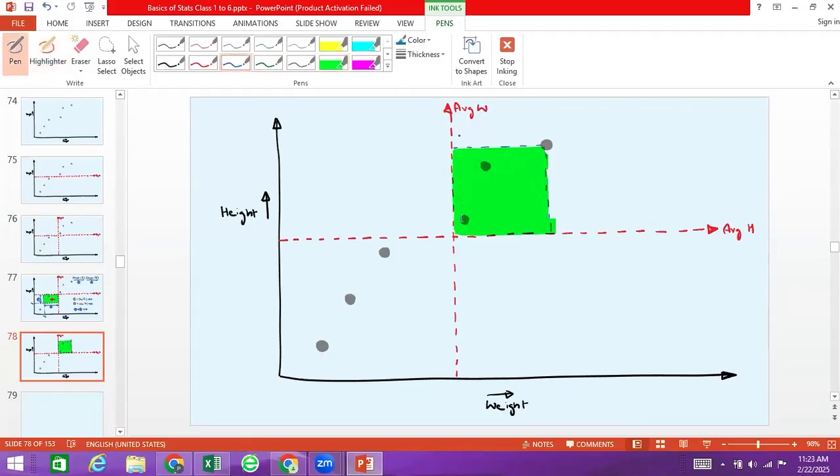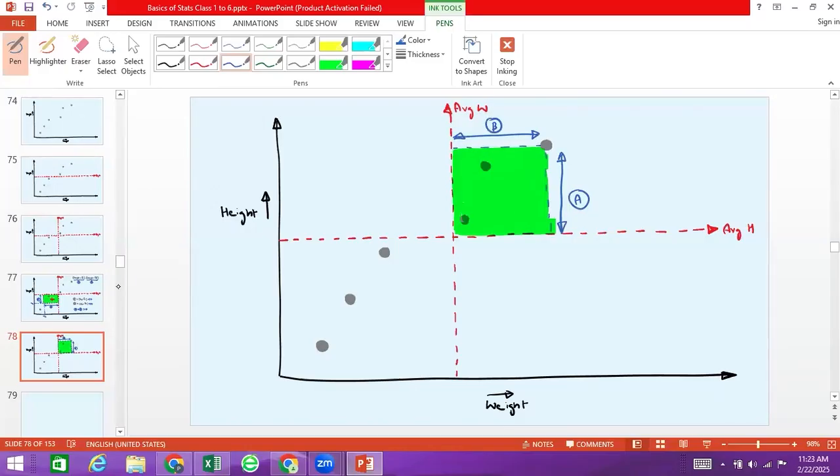Now, again, the same thing. Last time we called A the height and B the width, the same thing.